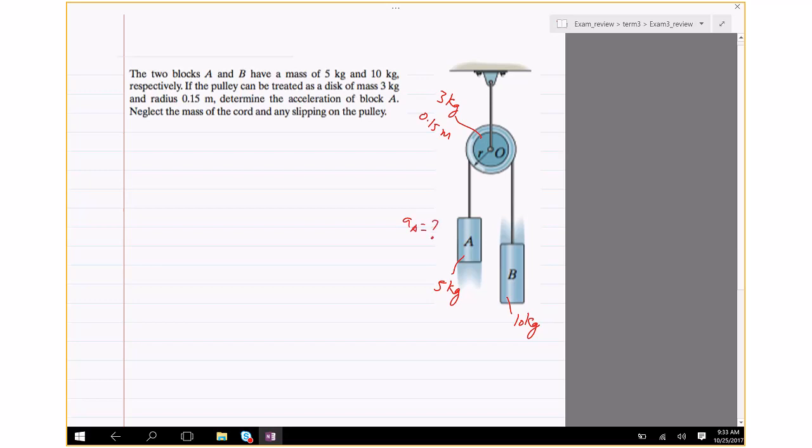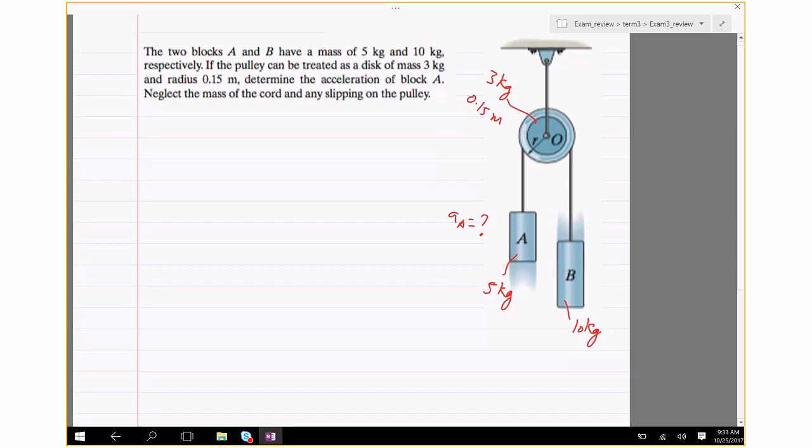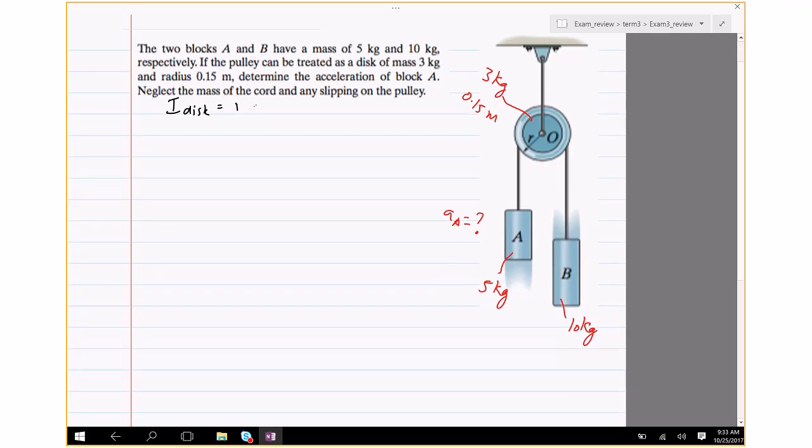Neglect the mass of the cord and any slipping on the pulley. Okay, so in a problem like this, you'll also be given the inertia of a disk. Inertia of a disk is mr squared divided by 2. You do not have to know that.